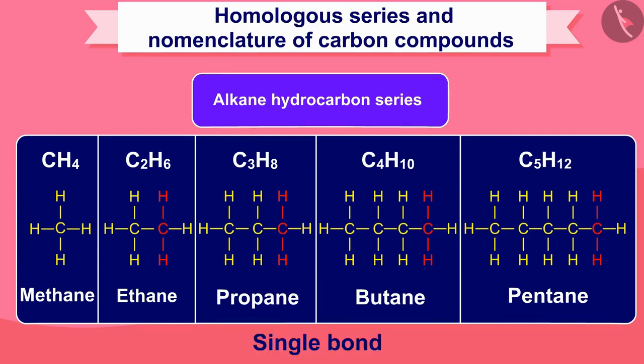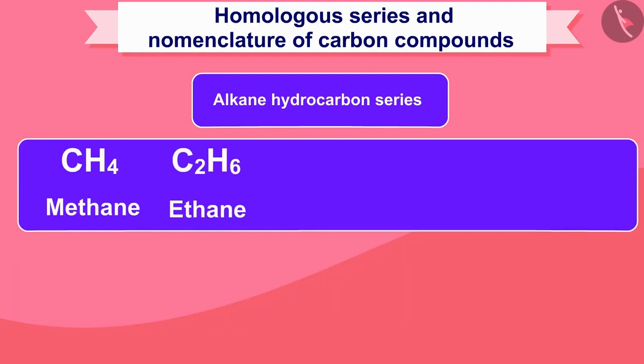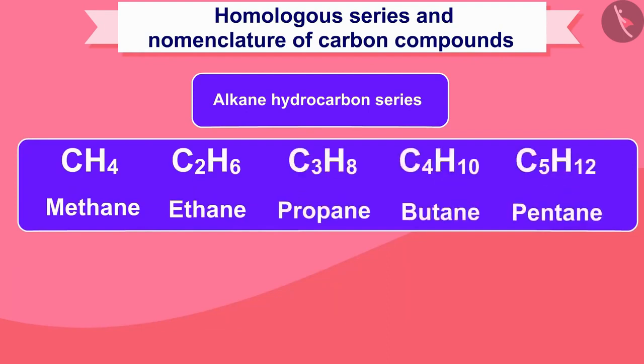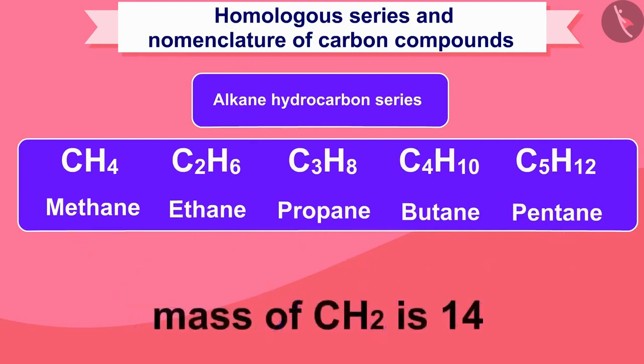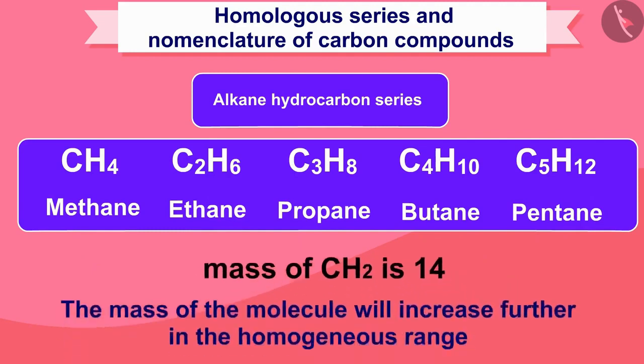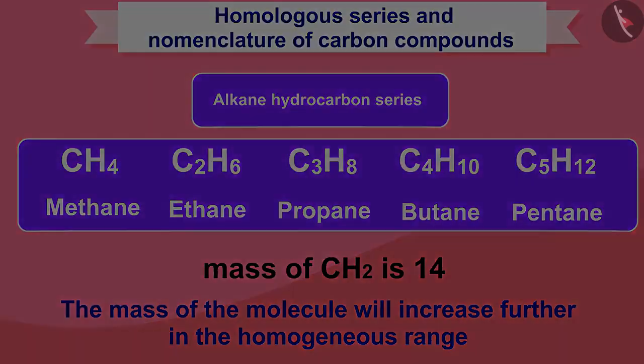It also means that there is a difference of 14 mass from one unit to another unit, because the mass of CH2 is 14. As the mass increases in the homologous series, the mass of the molecule will increase.